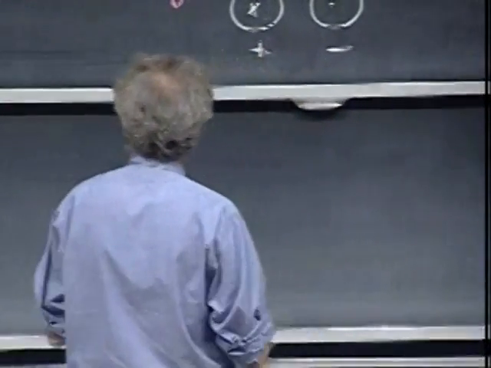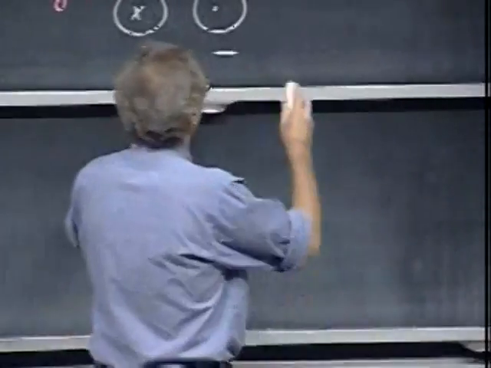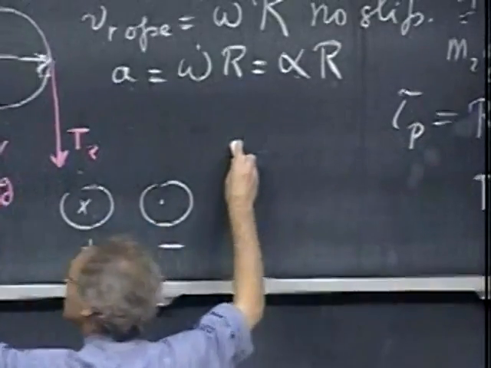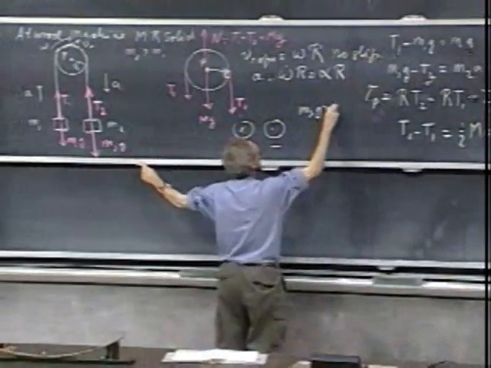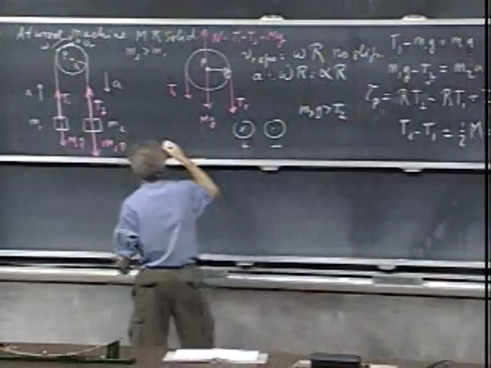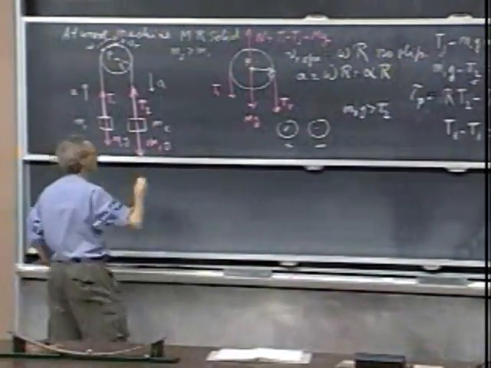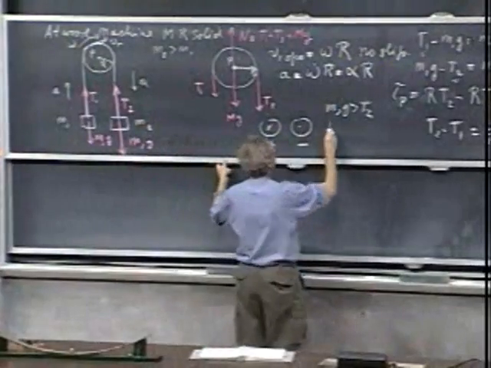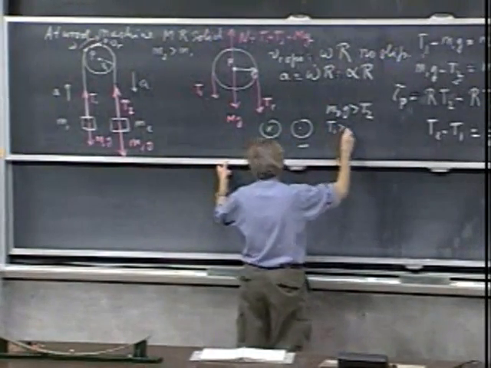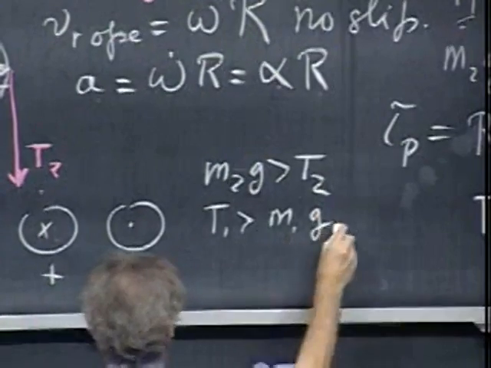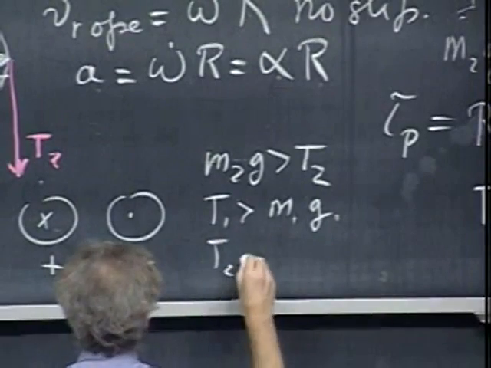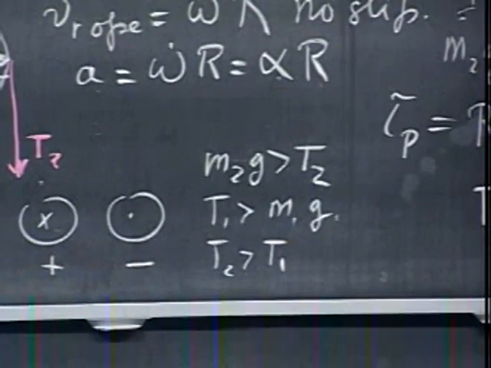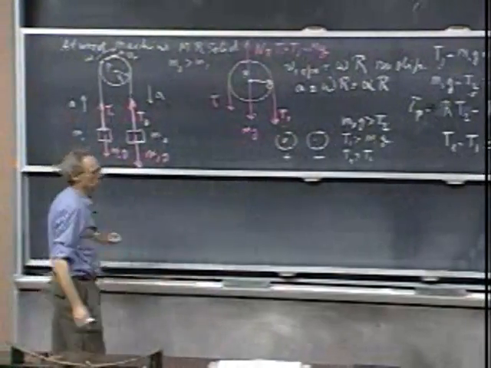You should make sure that m2 g is larger than T2. That's a must, otherwise it's not being accelerated down. You should also check that T1 comes out larger than m1 g. That's also a must. And you should also check that T2 is larger than T1, otherwise the pulley wouldn't rotate in clockwise direction.